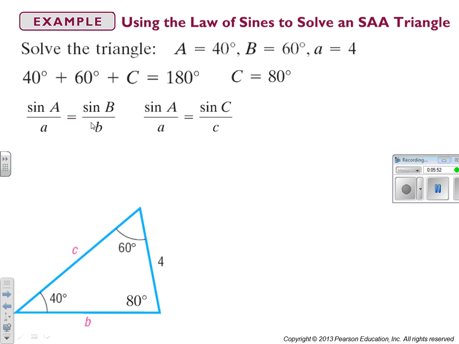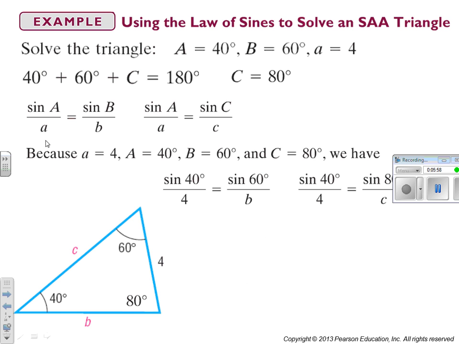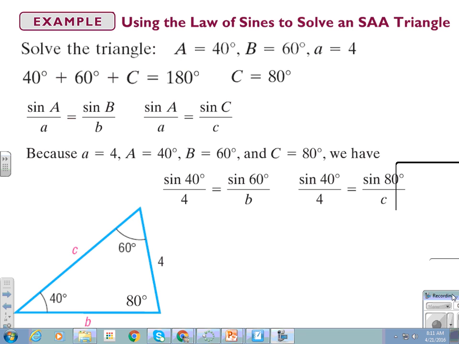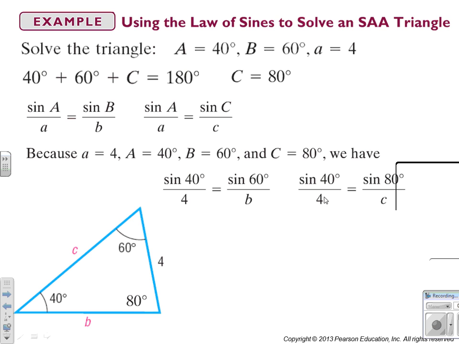I'm going to use it to find B, and I'm going to use it to find C. So let's take a look at this one first. Sine of 40 degrees over 4 equals sine of 60 degrees over B. And sine of 40 degrees over 4 equals sine of 80 degrees over C.